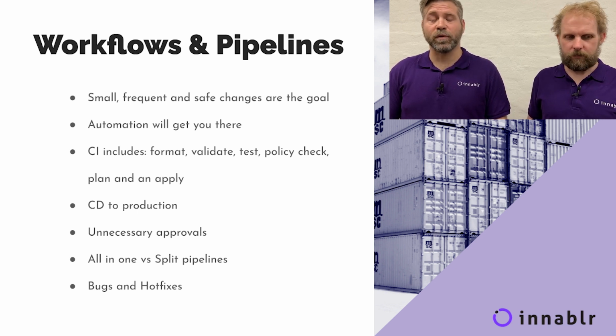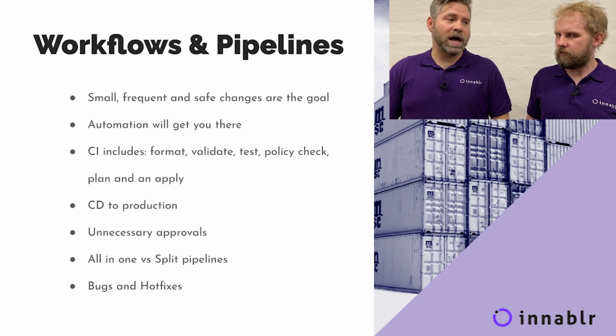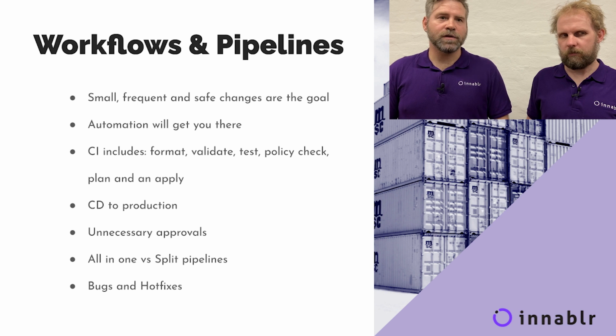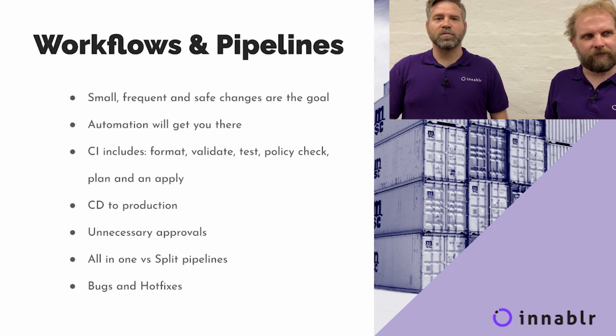This starts off with CI, and it's a very important step, CI, when it comes to environment progression, so that we can potentially do a hands-off deployment all the way to prod. We want to make sure our CI picks up everything that it can possibly pick up before we merge the PR. So this includes formatting the code, validating the code, testing the code, doing some sort of policy check.